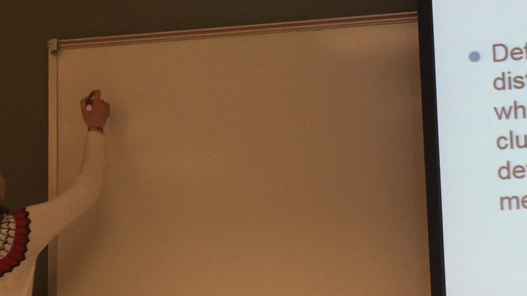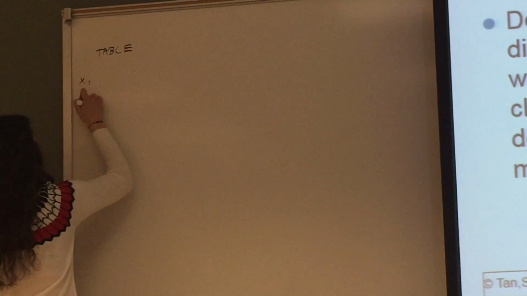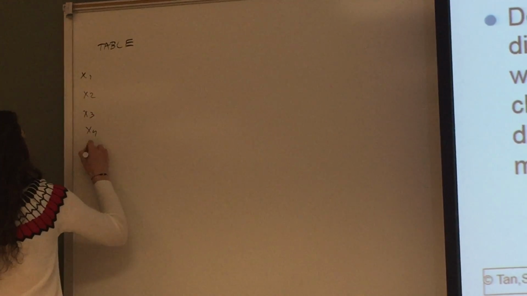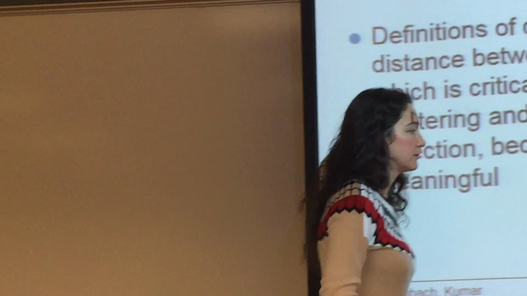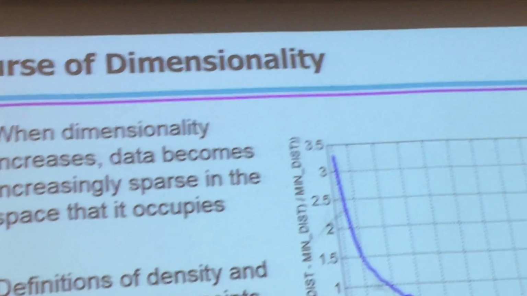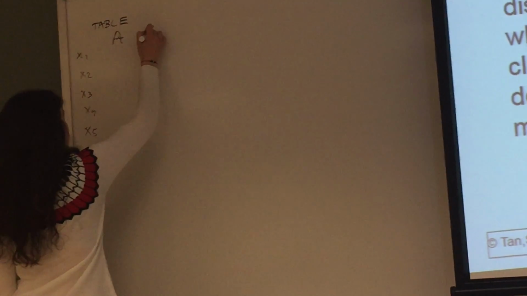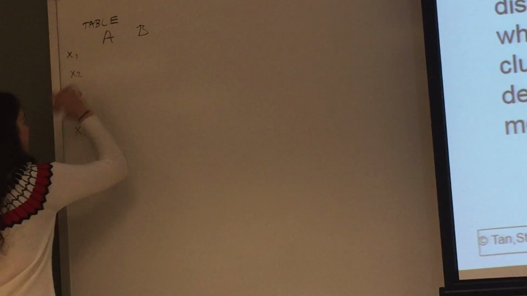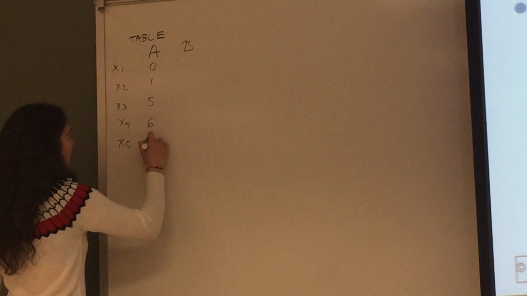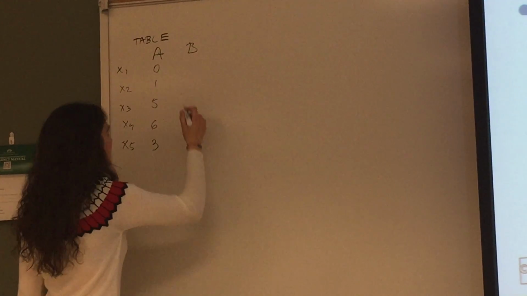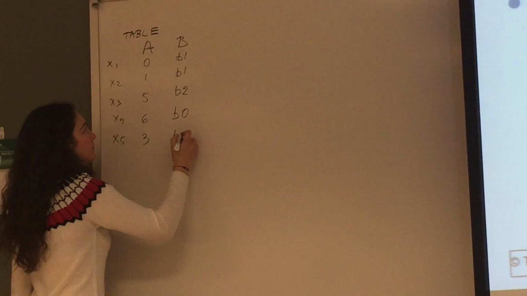Let's say, if we have a table with objects x1, x2, x3, x4, x5, first attribute is A. The second attribute is B. So this has some values here: 0, 1, 5, 6, 3. B also has values: B1, B1, B2, B0, B2.